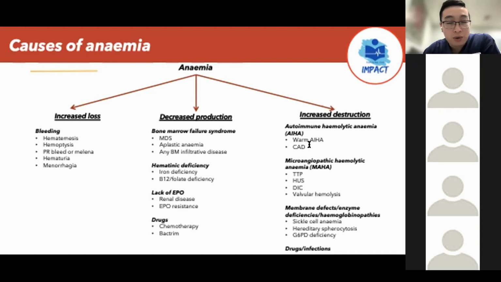In warm autoimmune hemolytic anemia, the autoantibody is usually IgG in flavor, and IgG is most active at 37 degrees. So at 37 degrees, the IgG autoantibody will bind to antigens on the red blood cell surface. And then, in the spleen, you have splenic macrophages that have receptors on them called Fc gamma receptors.